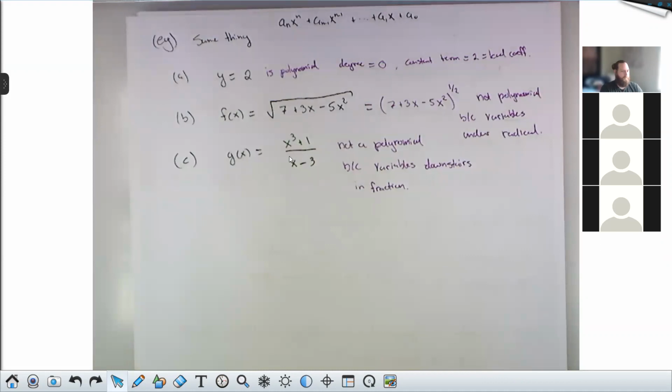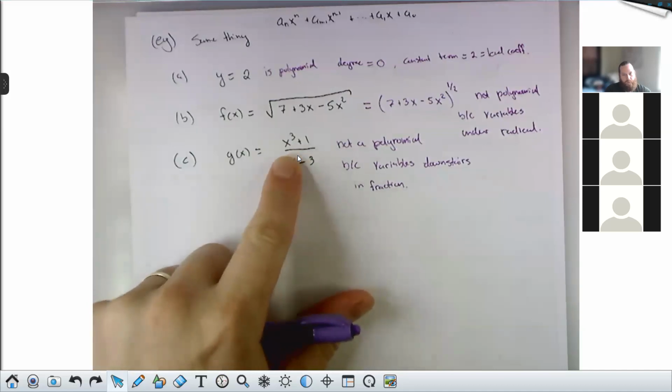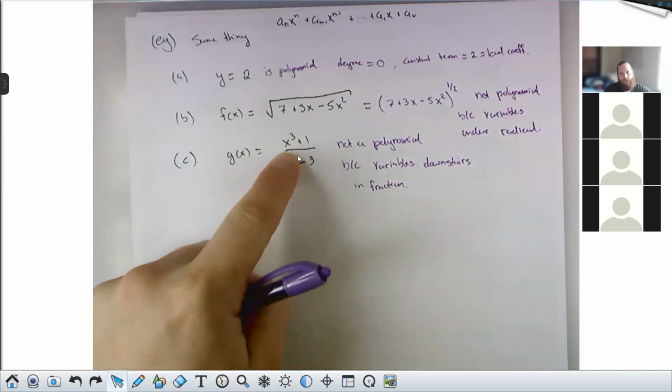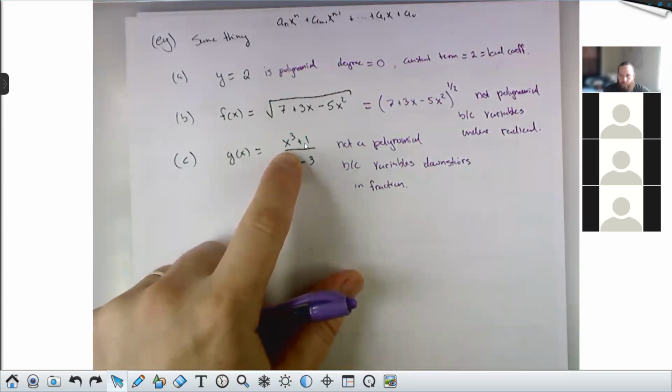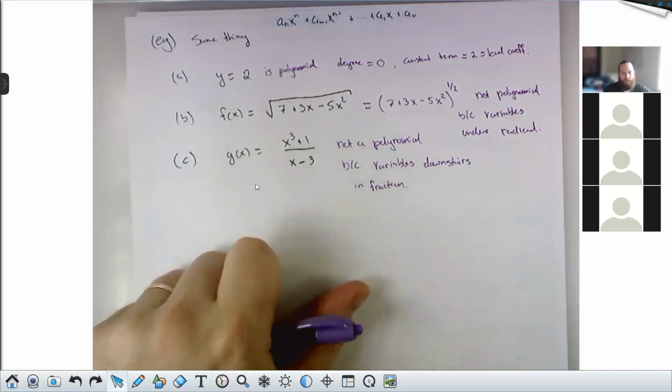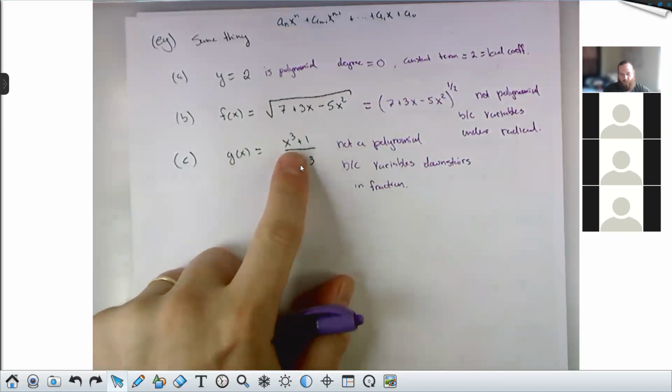If the bottom didn't have the x, if I cover this up, or even just like this, if the downstairs was just -3, that would be a polynomial, because I could write that as x cubed over -3 plus 1 over -3, and that would be -1/3 x cubed minus 1/3, which is in this form. So as is, because of the variable downstairs, it's not a polynomial. But if you didn't have any variables downstairs, numbers downstairs are okay, just not variables.